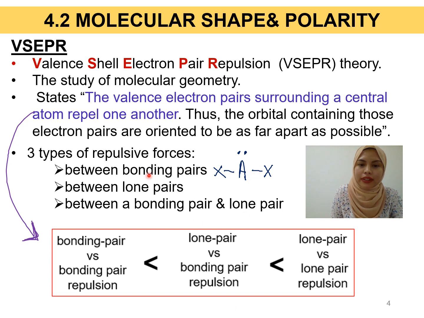Lastly, if I put another lone pair on my central atom, I will have lone pair with lone pair repulsion, and according to VSEPR theory, lone pair with lone pair repulsion is more than everything here. Okay, so you just have to keep this in mind first because it will be useful later when you want to determine the geometry or shape of your molecule. Alright?